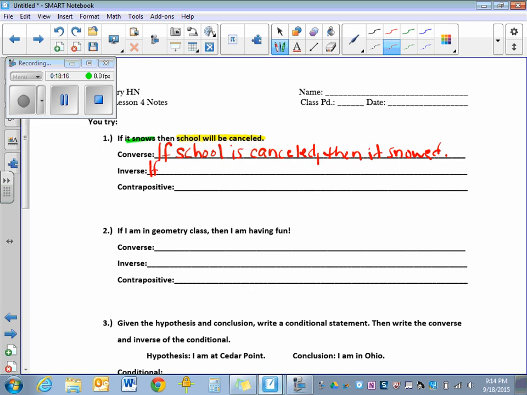So if it does not snow, then school will not be canceled. Okay, and then contrapositive, switch and negate.